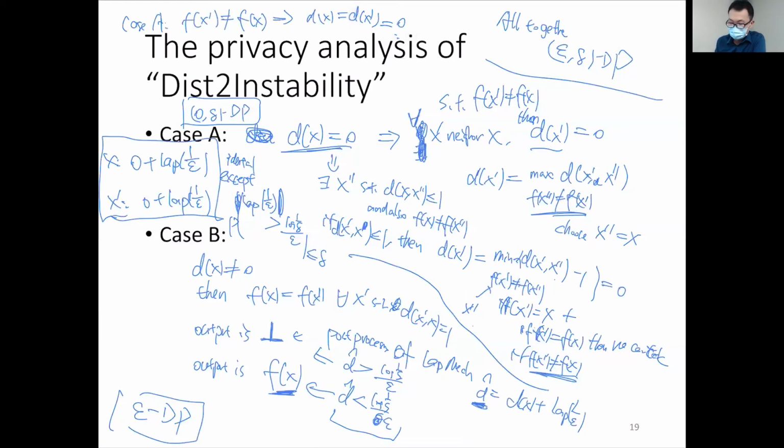And case B doesn't actually just require d(x) to be not 0. In case B, the discussion will be f(x prime) is equal to f(x). In this case, whether d(x) is 0 or non-zero is irrelevant, because no matter what d(x) is, it is an insensitive function, and we can just add noise to this insensitive function, and the decision becomes post-processing.